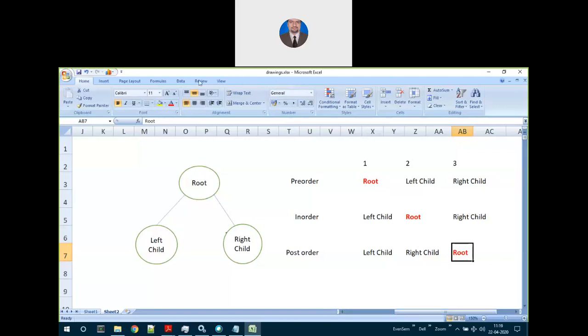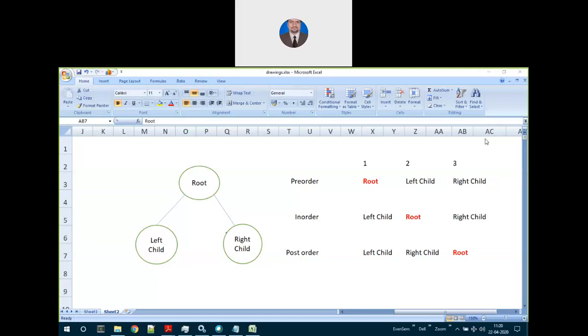Is this concept understood, students? The basic idea behind what traversal is and what the three different types of traversals are? Any doubts here, students? No, sir. I have unmuted everyone. If you have any doubts, you may just speak out.